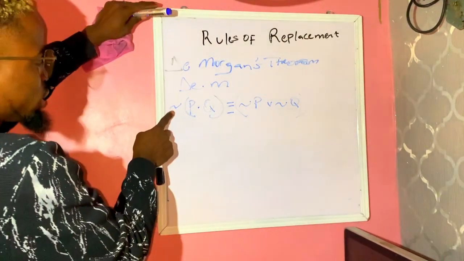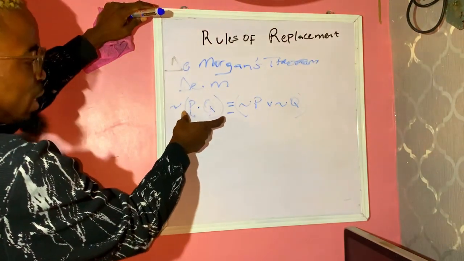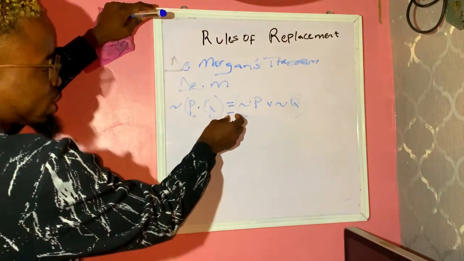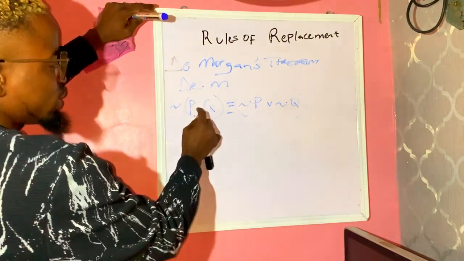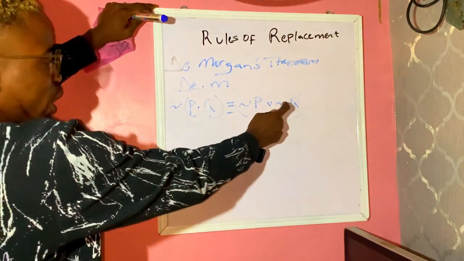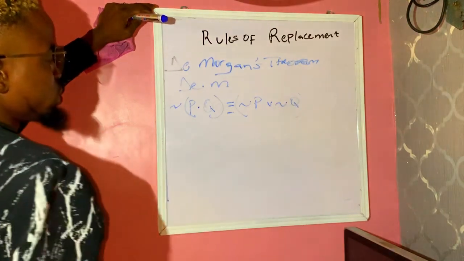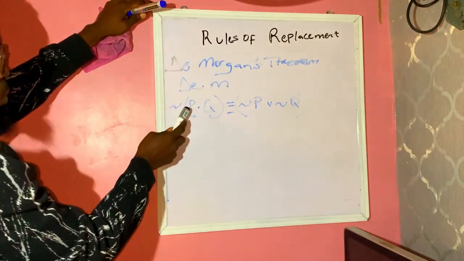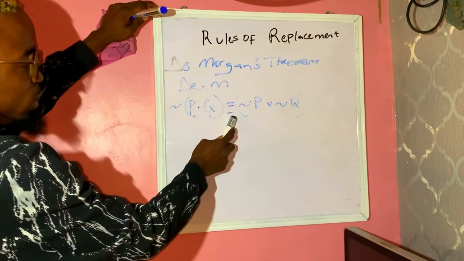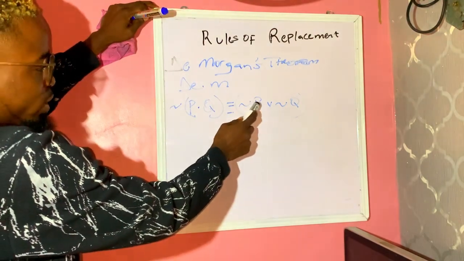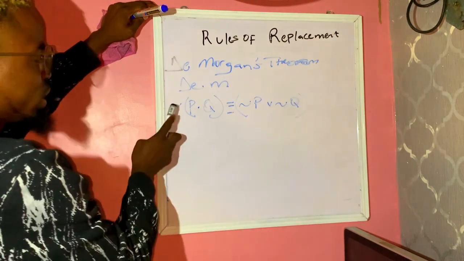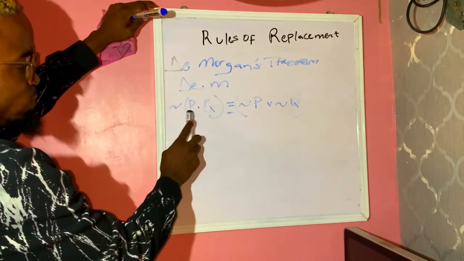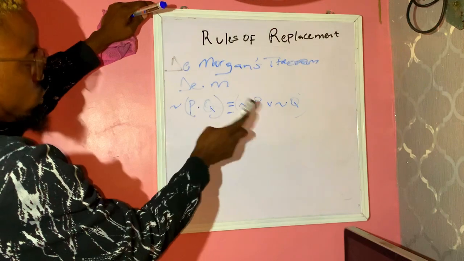So if you have negation P and Q together inside one parenthesis, then you can replace it with, which means if and only if, negation P, then you change the and to or, and negation Q. So here we have negation P and Q together, if and only if, then we are replacing it with negation P or negation Q. That means you are distributing the negation for the two of them and you are changing the connective from and to or.